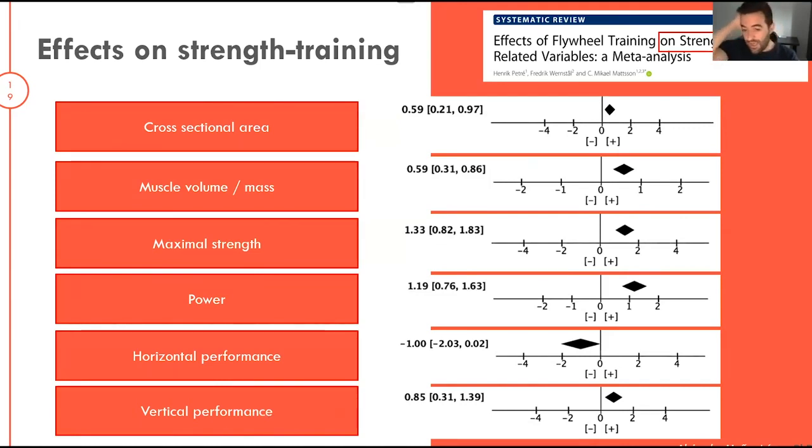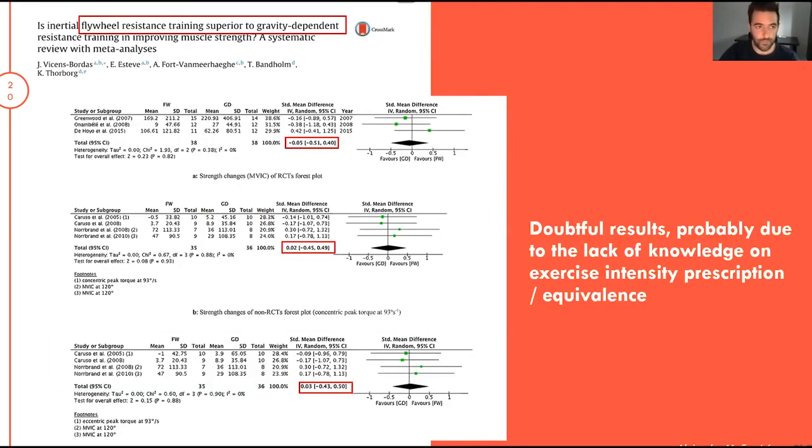We don't know yet why that is, but probably, and this is just a hypothesis of mine, it could be related to the external load used, probably a very high external load. This is one of the points that we still don't know.